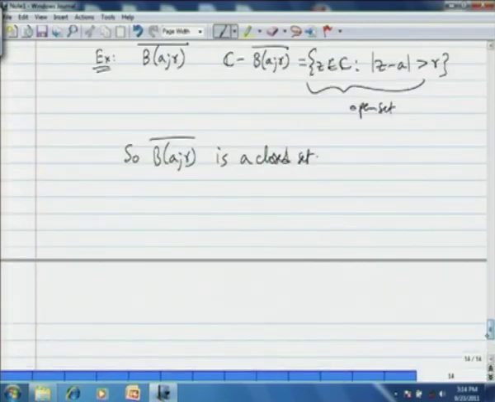Okay. Next, I want to define a limit point.